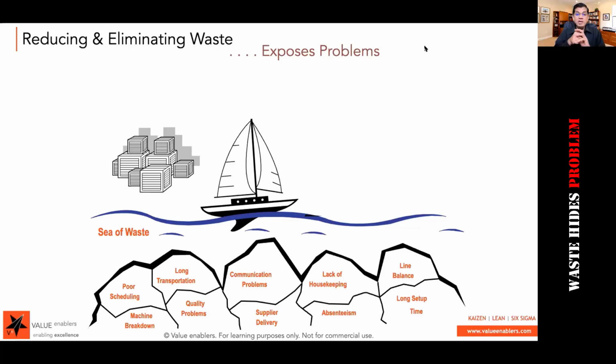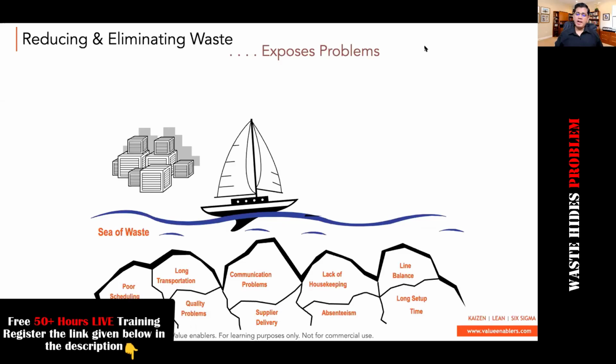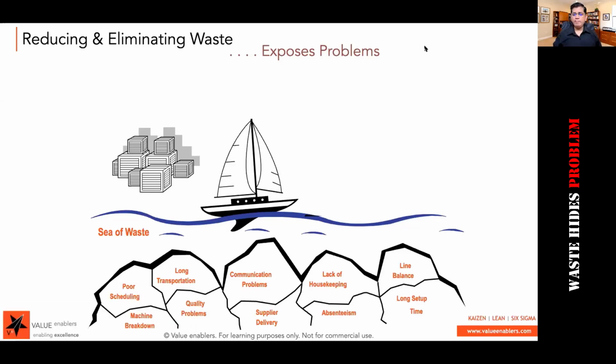Now production comes. Production says, if I ask the operator to produce so much, there will be some percentage, 1%, 2% rejections. And so for rejection, he will say produce a little bit more, and keep an extra buffer. Yes or no? So what it means is, any waste, any problems: scheduling problems, machine breakdown problems, quality problems, communication problems by the planning department, supplier delivery problems, absenteeism problems.